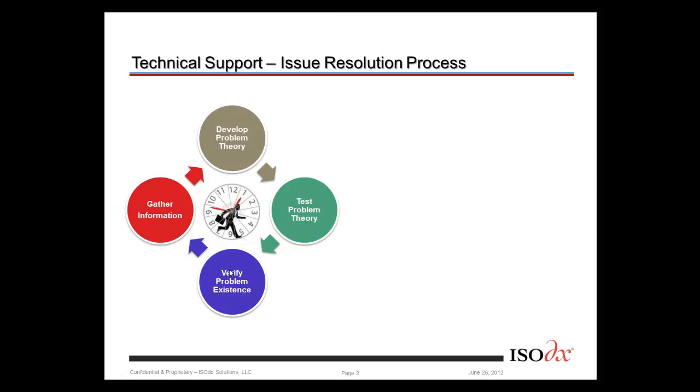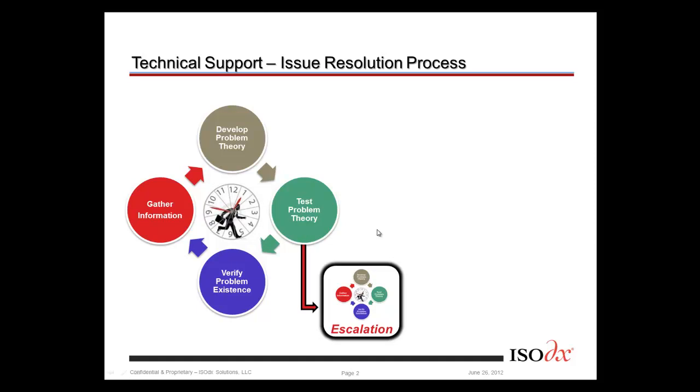Once we've confirmed that a problem does exist, we typically spend time in this iterative process of gathering information, developing a theory about what that problem might be, then testing that theory, and then finally confirming that indeed a problem exists and repeating that cycle as we consistently and continuously gather information, develop a theory, and then test that theory. This process is repeated again and again.